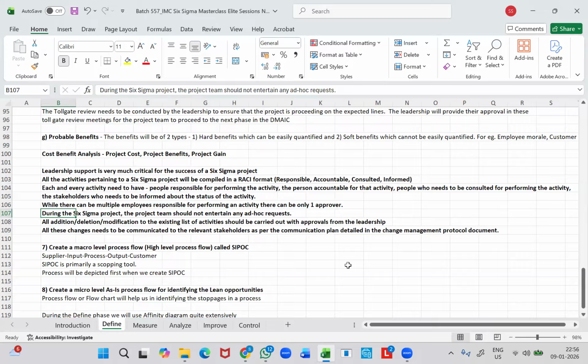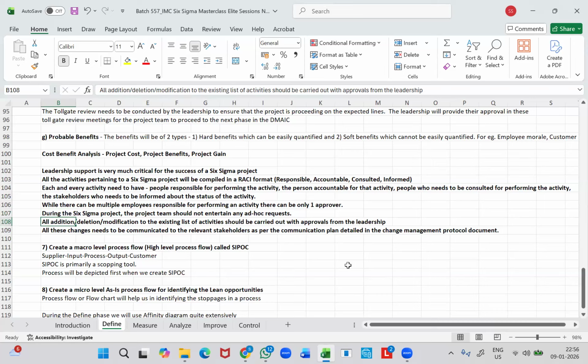So in case there is any addition, deletion or modification to the existing list of activities, these should be carried out only with the prior approval provided by the leadership team. So any addition, deletion or modification to the existing list of activities can be performed only with prior approvals provided by the leadership team.